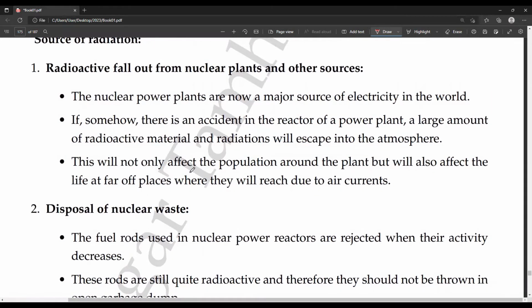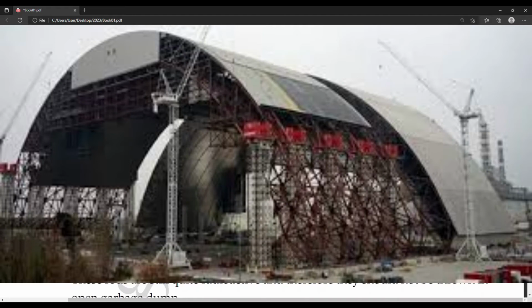There will be a long-term effect on the population of that particular area. Chernobyl, for example, if you have heard of this, there was a documentary on that as well. There was an explosion over there. There was an accident at Chernobyl, and that particular area is still contaminated. People cannot stay there. The nuclear plant which was there has a shell on it.